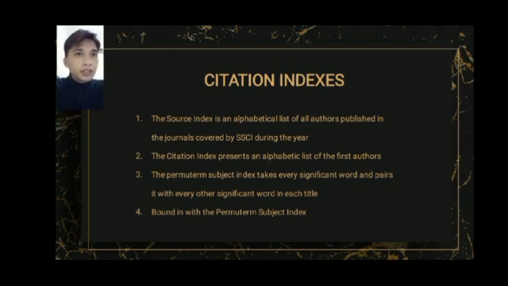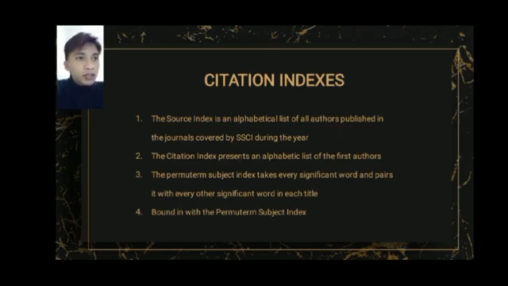The source index is an alphabetical list of all authors published in journals covered by SSCI during the year. The second is the citation index, which presents an alphabetic list of the first author of all works cited in the articles included in the source index, followed by year, journal, volume, and first page for each of that author's cited articles.